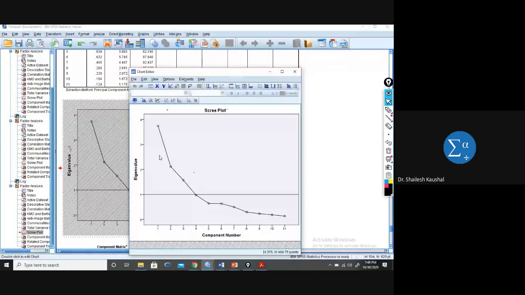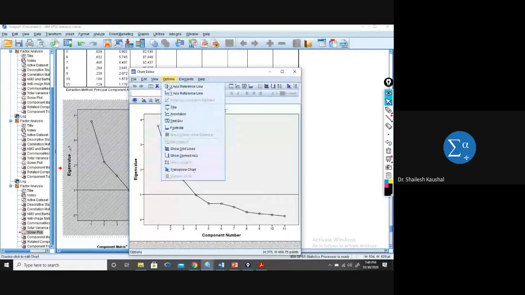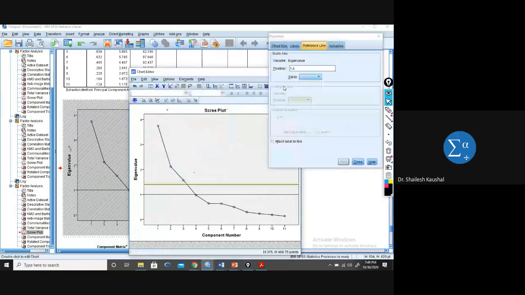I double clicked it and elements, and you can see the option for the y axis. By default it was showing 2, but I changed it because I need greater than 1 value.